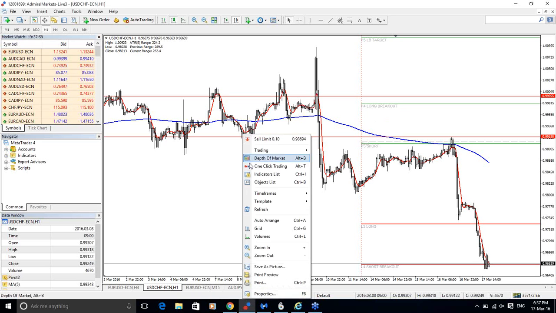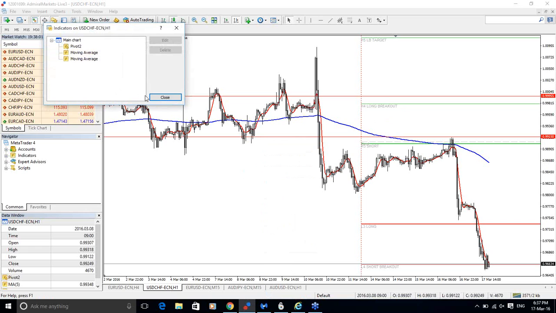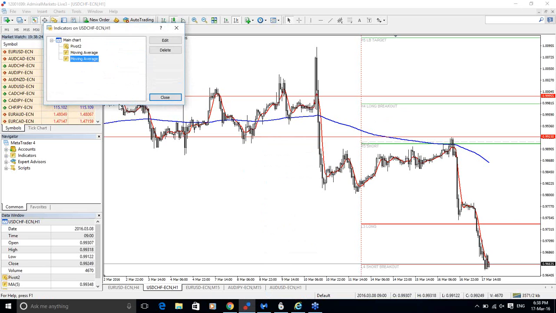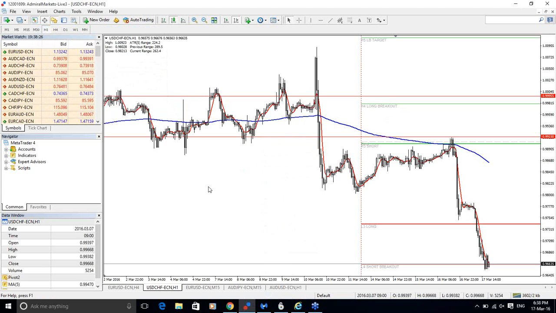First of all, we can see the indicators combination that I'll be using here. So it's 5 simple moving average that is represented as a red line, and the second one is 200 exponential moving average. We have 5 SMA and 200 EMA on the same chart. This technique is actually using EMA crosses to pinpoint a possible entry.